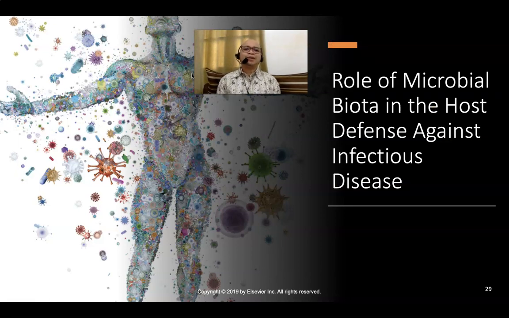So, what is the role of microbial biota in host defense against infectious diseases? I've told you this a while ago. They are important because they have already established an ecological niche, and it will be difficult for invading microorganisms to colonize our body if we have normal microbial biota.